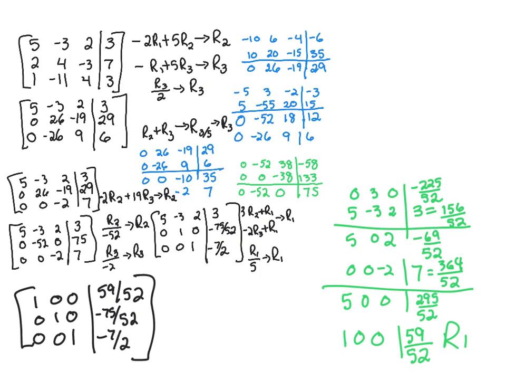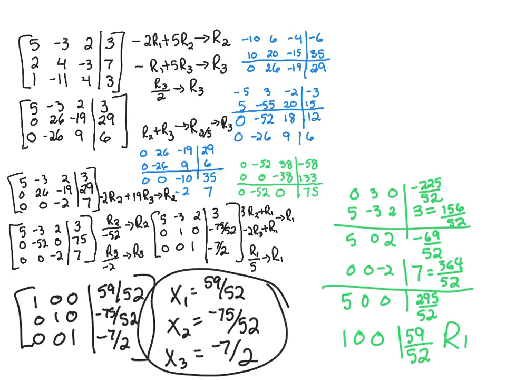That is the identity matrix on the left, and you see that x1 equals 59 over 52, x2 equals -75 over 52, and x3 equals -7/2. And that's the same answer that we got when we worked it before. X1 equals 59 over 52. X2 is -75 over 52. And x3 is -7 over 2.